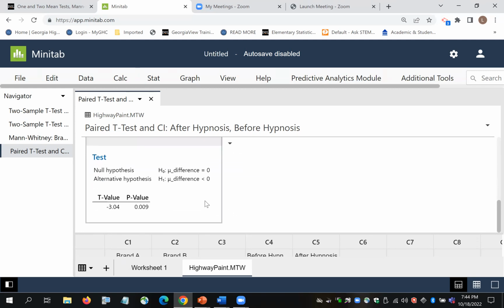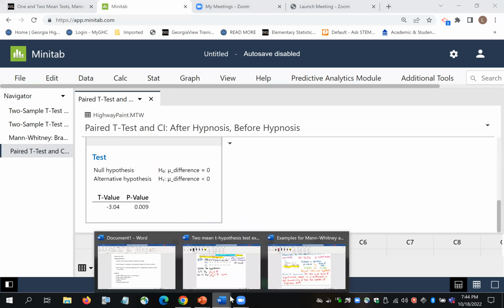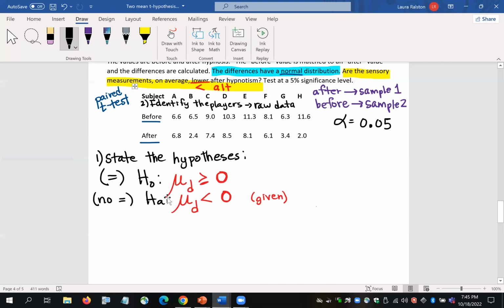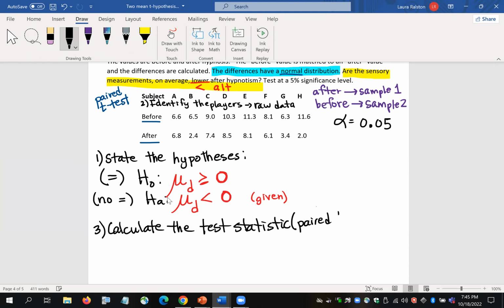What I need is the test with my t-value and its corresponding p-value, which I forgot to write over here as step 3. So step 3 is to calculate the test statistic, which is a paired t and its p-value, which we've done in Minitab.